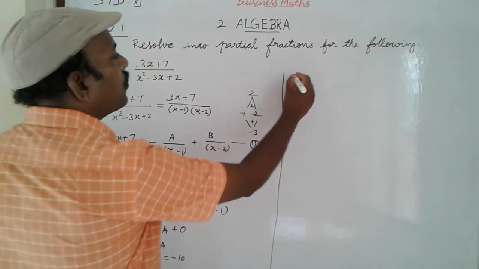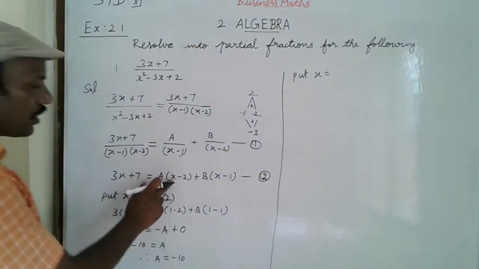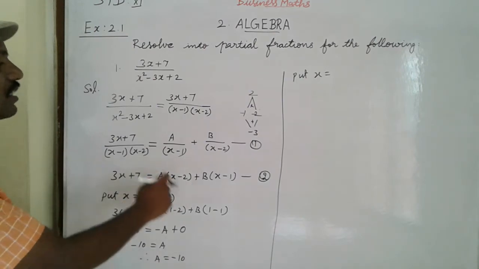Now put x equal to 2 in the second equation. 2 minus 2 is 0, so the A term is 0.